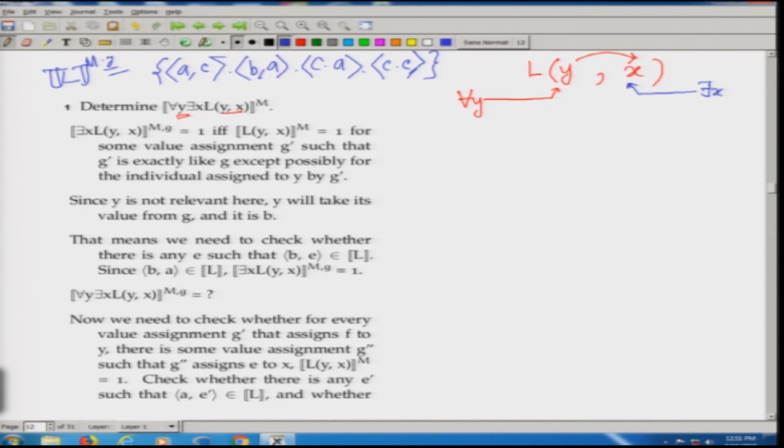Now we will see, as we have seen, the checking goes from y. And this is an all case. All means and, as we have seen previously.